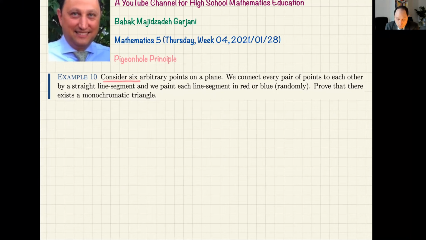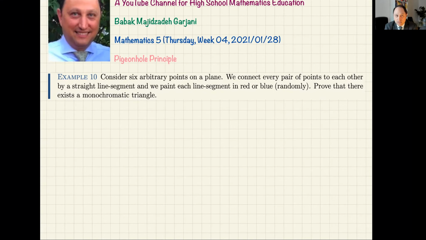Consider 6 arbitrary points on a plane. So I have a plane that goes to infinity in all directions. I choose 6 random, arbitrary points on this plane. We connect every pair of points to each other by straight line segments, and we paint each line segment red or blue randomly.